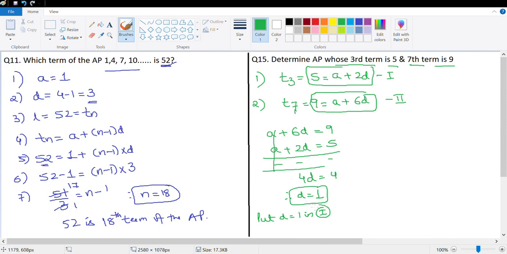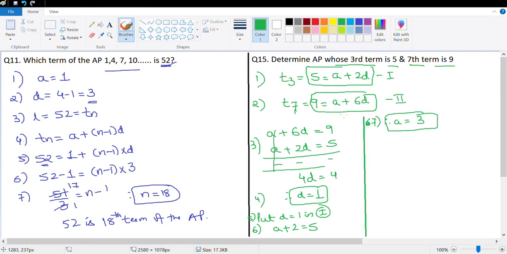So I get A plus 2 is equal to 5, which means therefore A is equal to 3. So I have got my first term A and I've got my common difference.